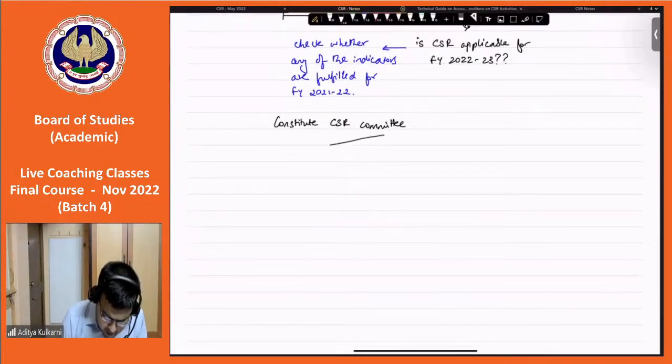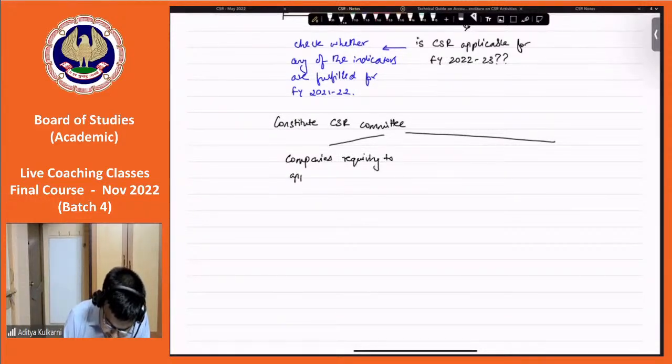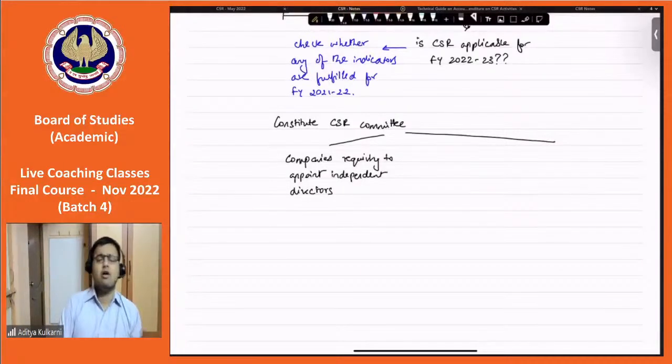It will be something like this. Companies requiring to appoint independent directors, like typically listed companies, they normally have a requirement to appoint independent directors.